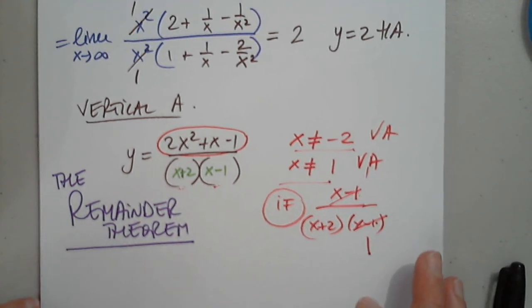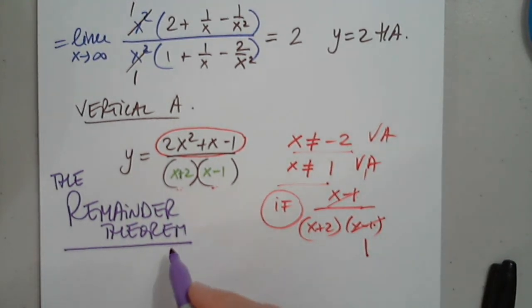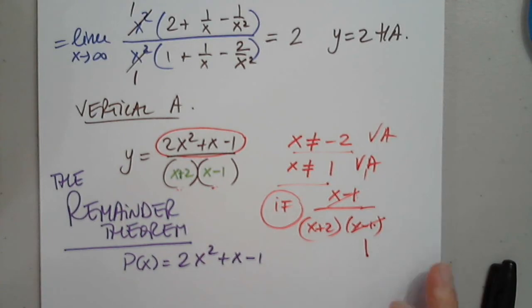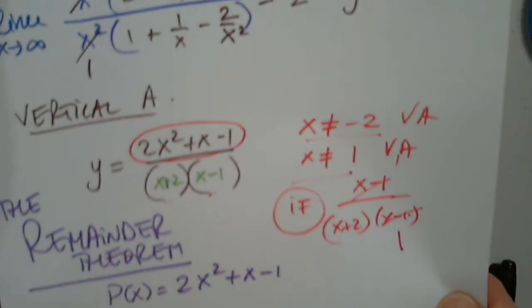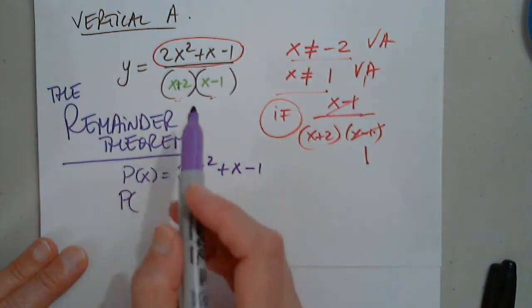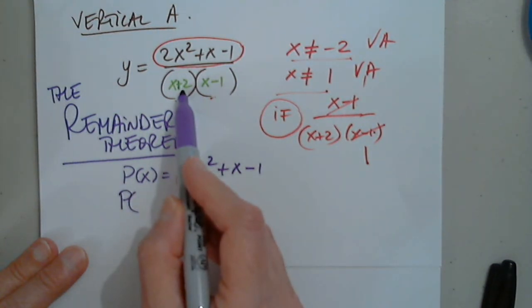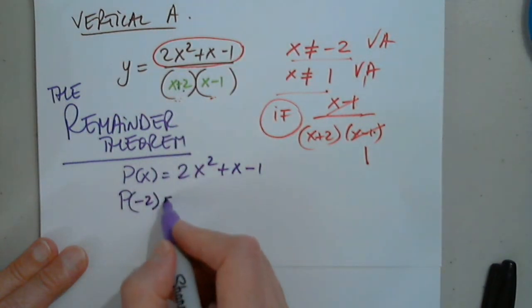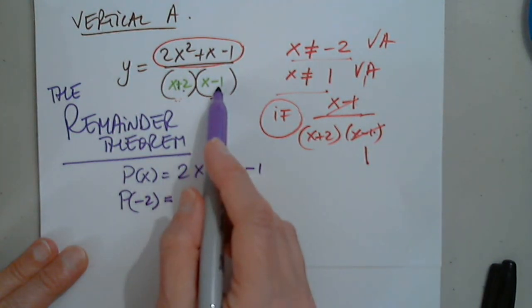It's okay. Now, let's say I have a polynomial p of x. It's this one, 2x squared plus x minus 1. And let's say I evaluate at -2. And I evaluate at 1.